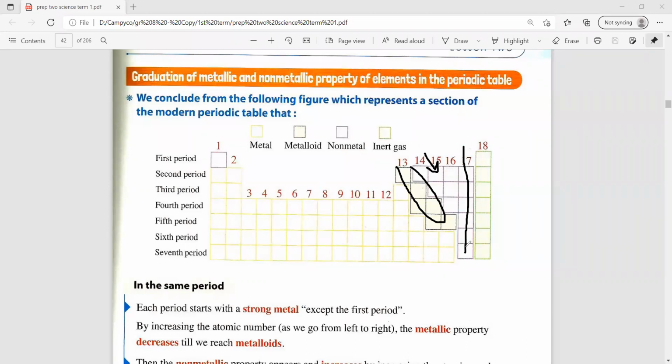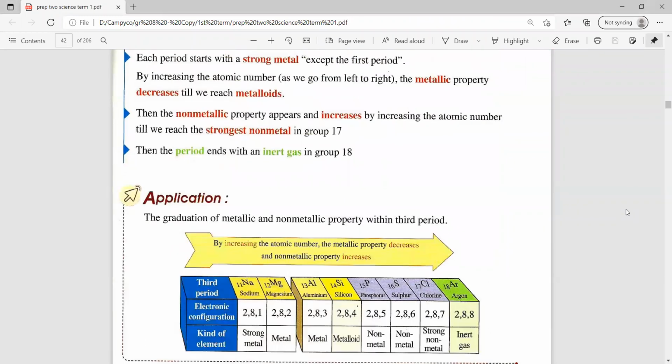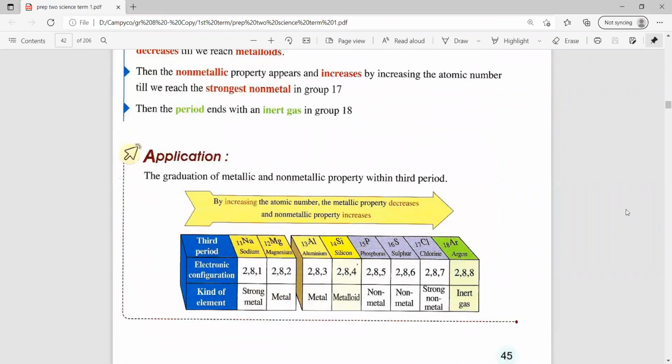So the strongest metal is in group 1A, and the strongest non-metal in group 7A, or 17. Yes. So for example, here we have the strongest metal in the third period.